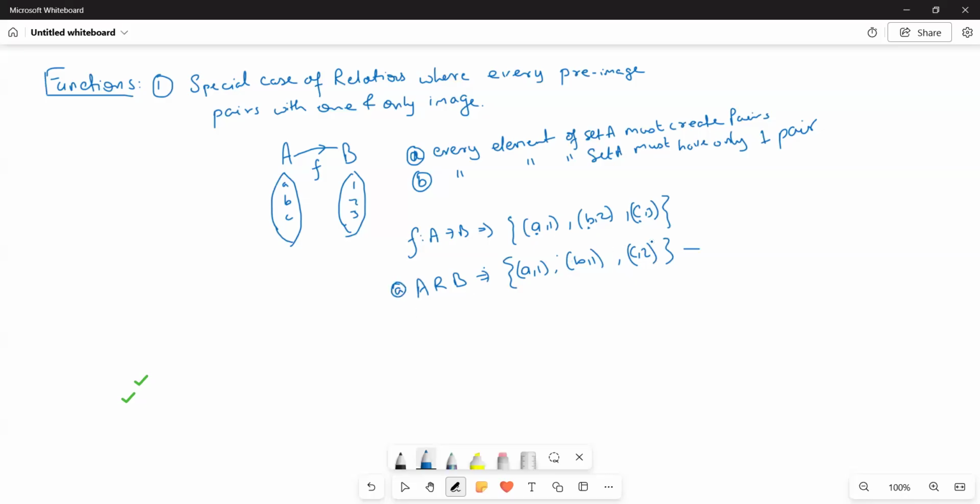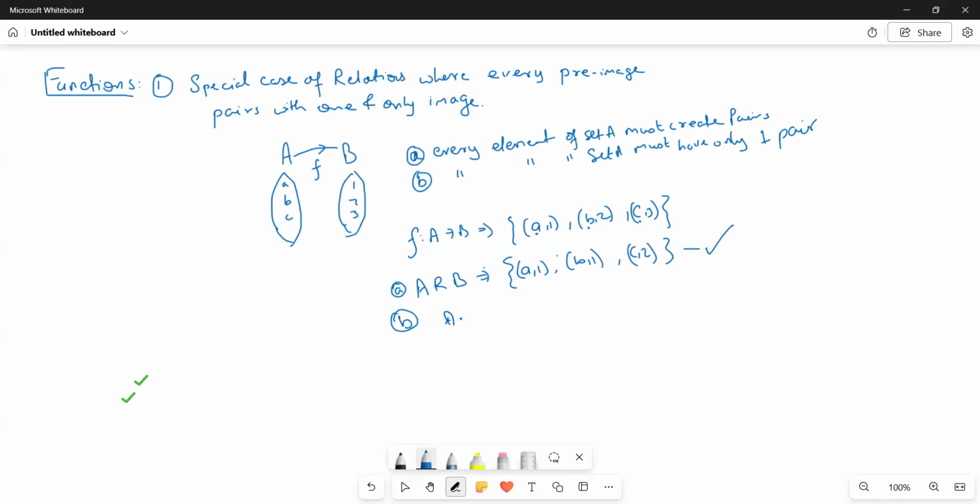Yes, sir. It is a valid function because every element of A is creating a pair and only one pair. ठीक है ना? Also note the restriction is only applied on the elements of set A. Set B पे कोई restriction नहीं है. ठीक है? This is a function.